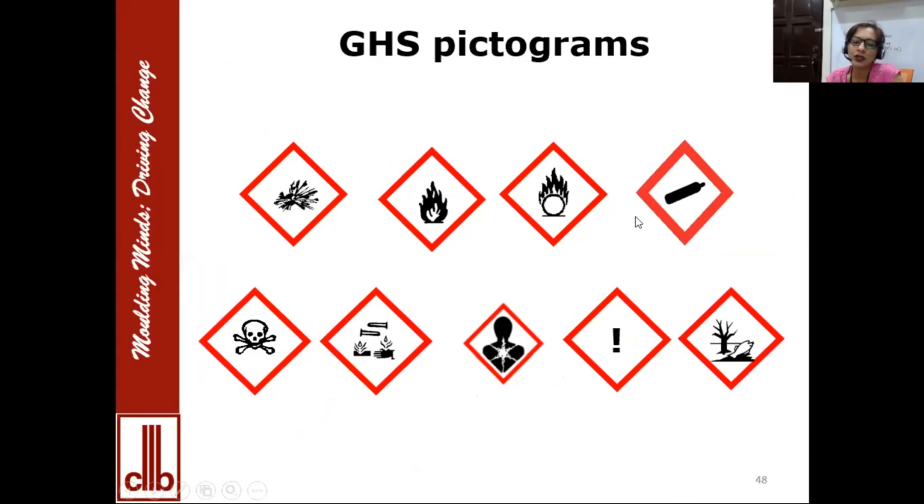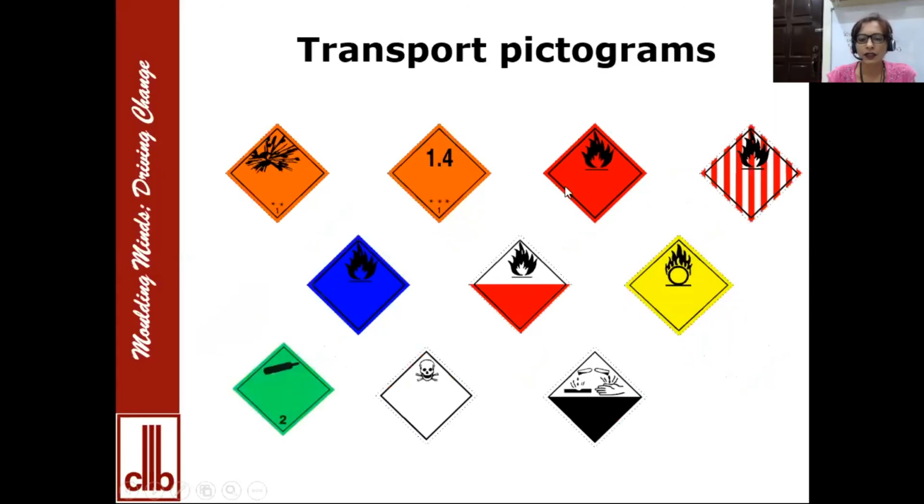They don't interchange. If the drum comes marked and labeled from the factory, and you notice the label is this for a class 3, this is not acceptable. It has to have the class 3 transport label on it.